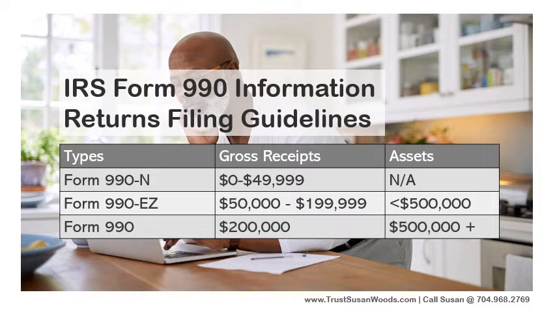So, if I were you, I would print this table and then compare this information to the information that you create or calculate regarding your gross receipts and the value that you put on your assets. And those determinations will guide you in selecting the appropriate Form 990 to file to the IRS.